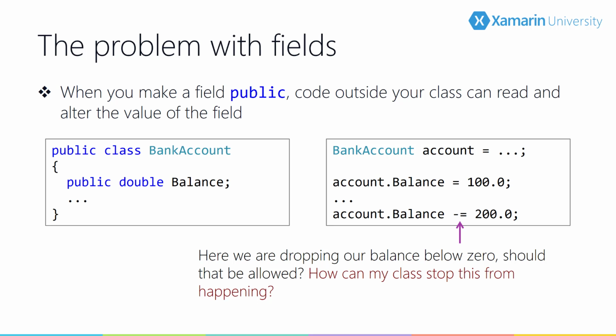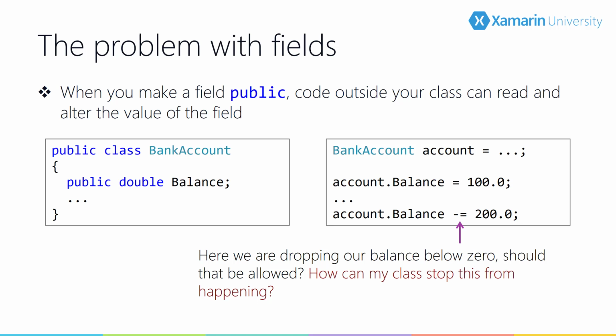However, the problem with fields is the right-hand side. So on the right-hand side, I create a bank account, I assign the initial value to be $100, and then I subtract $200. And now look at that, my balance is now negative. I have no control over what data is being assigned to my fields, and my rule is now completely ignored.